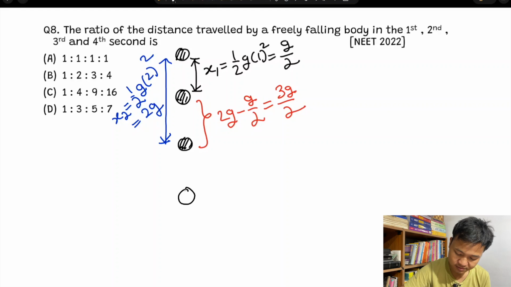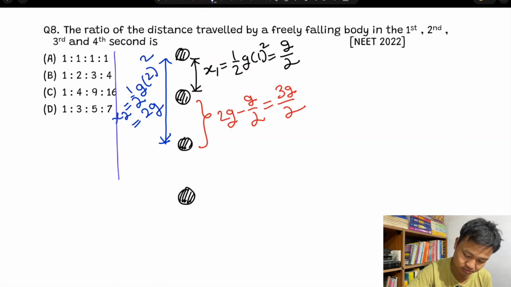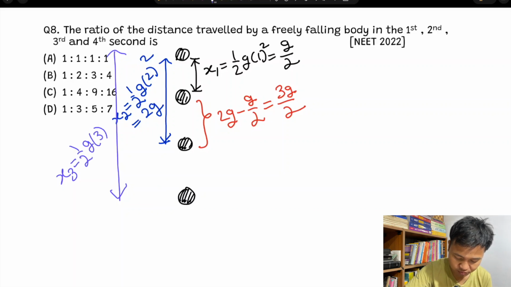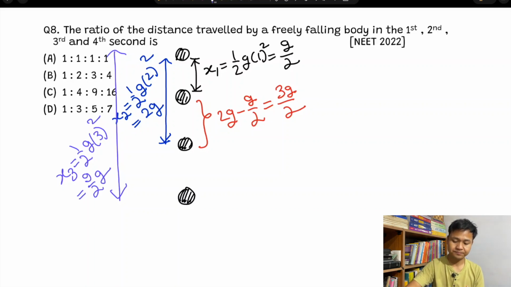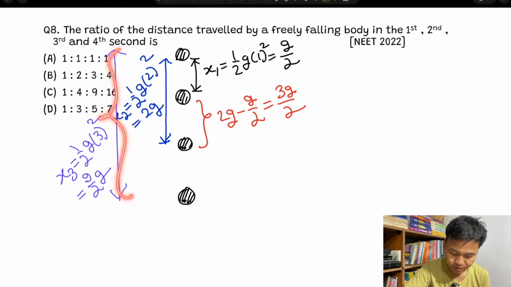Now proceed similarly after 3 seconds. Let's say the particle is here. This is the distance traveled in 3 seconds. How much is this? Half into z into 3 square, that is 9 by 2 into z. Now I know this is 9 by 2 into z and I know this is 2z.